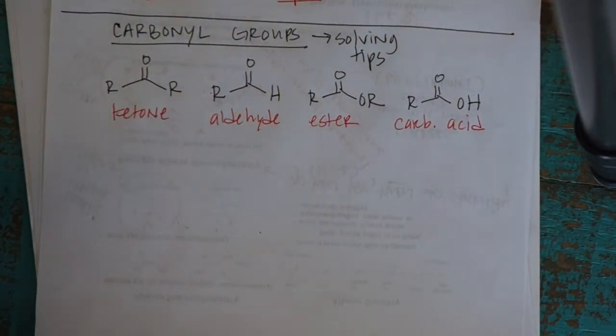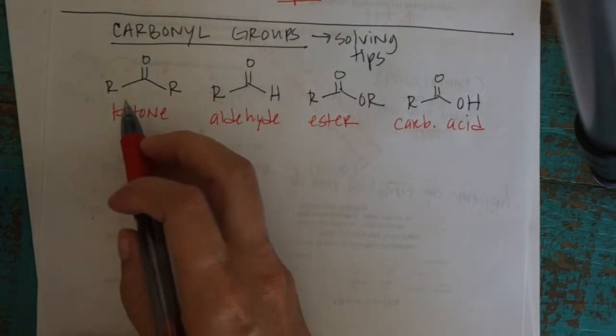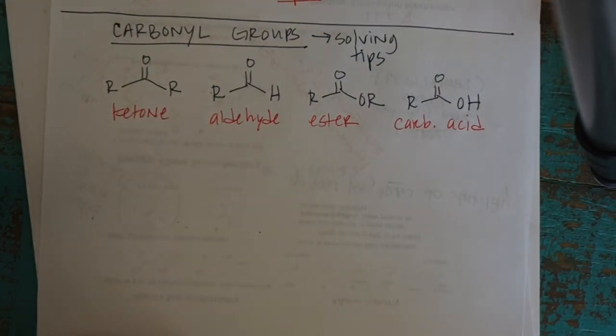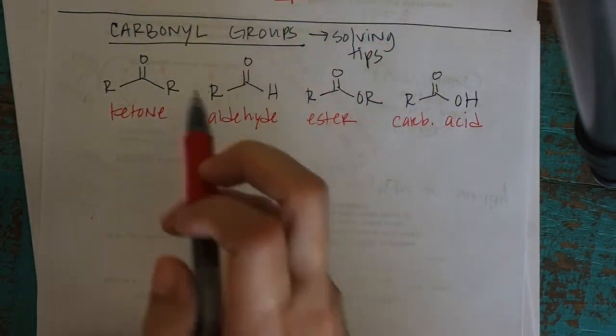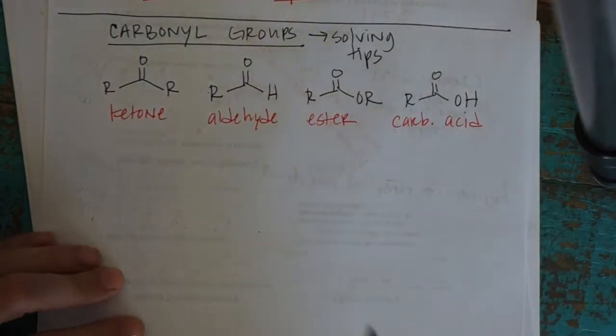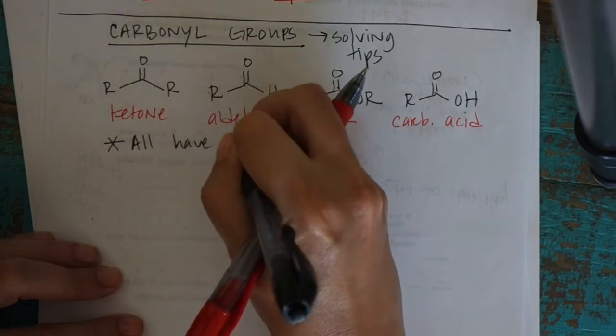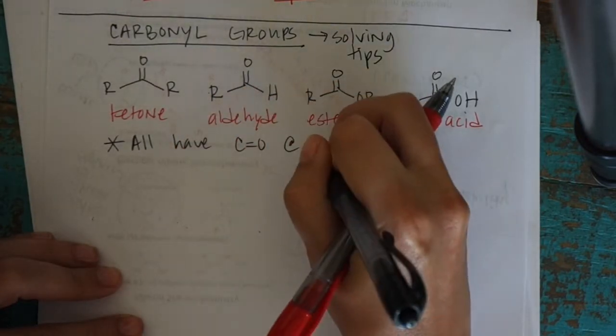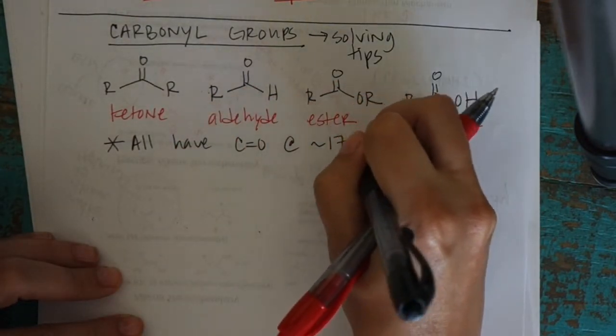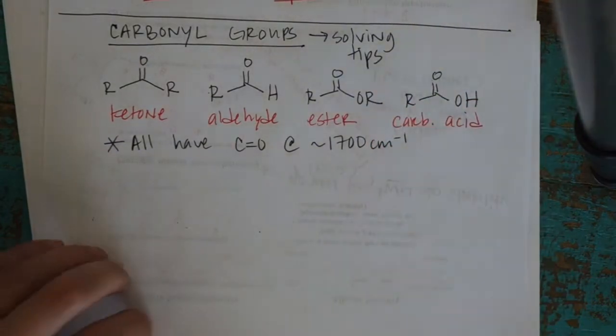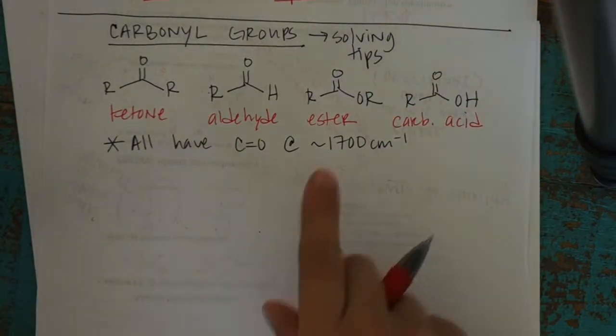So these ones can often look very similar in the IR because they all have the carbonyl, the very distinctive carbonyl bond that we've talked about. And so for these ones, things that you might want to be on the lookout for are what else is going on. So all of these have a carbonyl group. And that's going to be the peak that's around 1700. Again, that can vary. And so that's not going to really tell you which one it is.